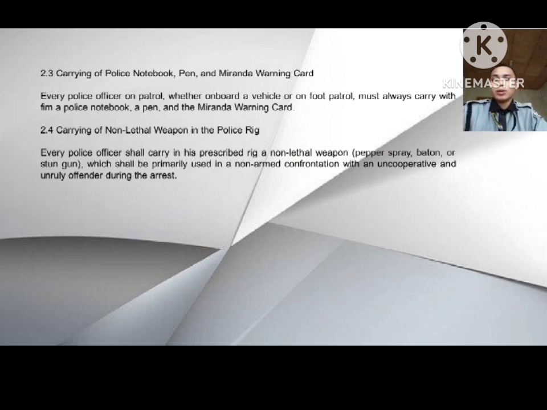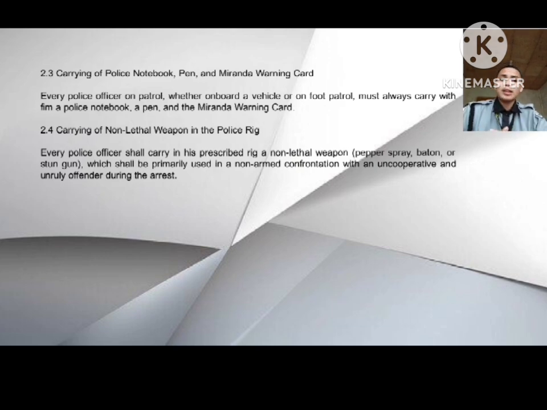Next is 2.4, carrying of non-lethal weapons in a police rig. Police officers are required to carry a non-lethal weapon, for example pepper spray, a baton, or a stun gun, while on duty.